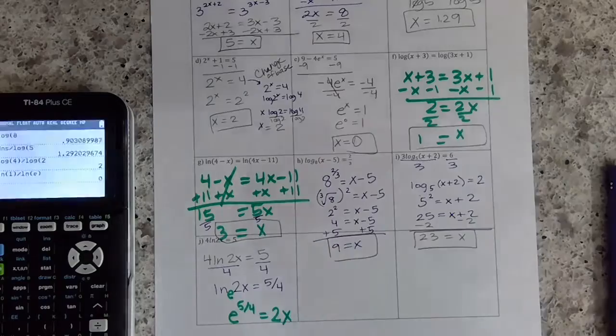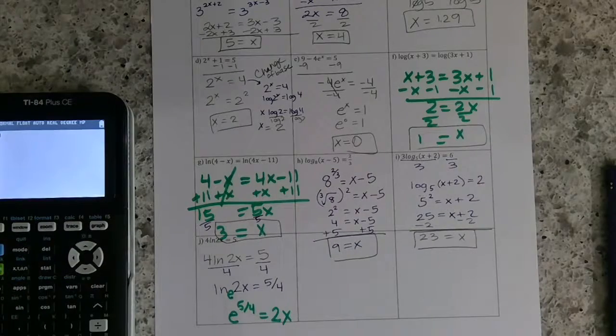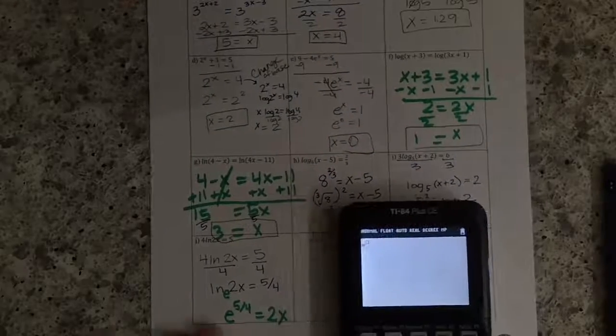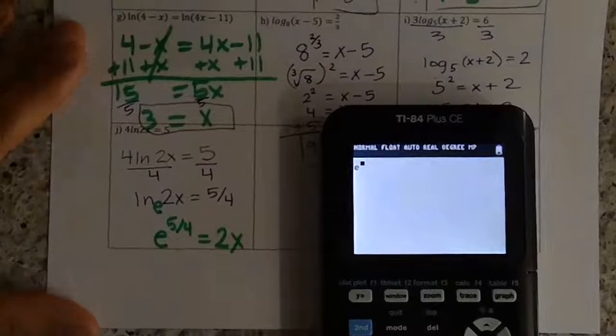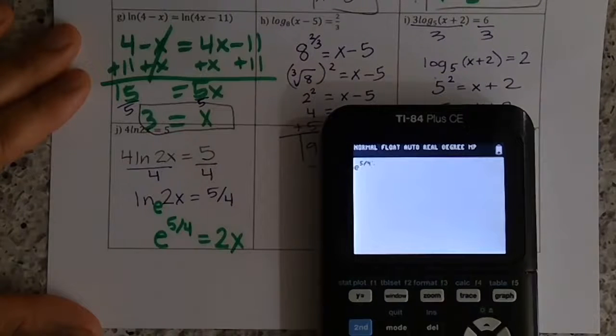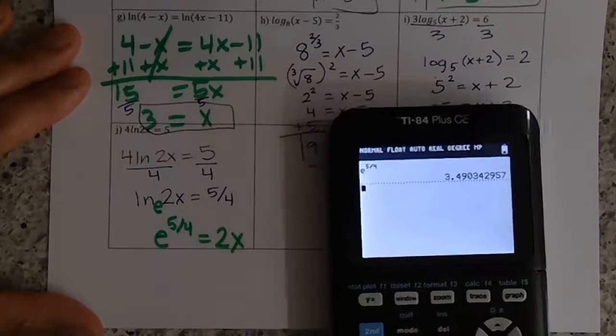Well, I don't know what e to the 5/4 is, so I'm going to use my calculator. And I'm going to say e to the 5/4, I'm not sure what it gets, is about 3.49.